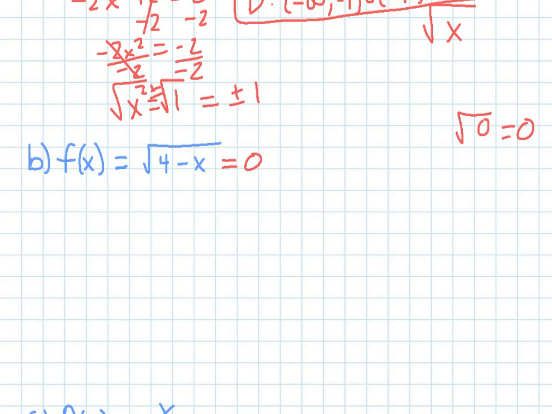Okay, so here if I have 4 minus x equals 0, I could add x to both sides. That gets me 4 equals x. So 4 must be the smallest value, or biggest value in this case, because if I plug in 3, it makes it okay, because 4 minus 3 is 1. But if I went bigger, if I plugged in 5, 4 minus 5 would give me negative 1.